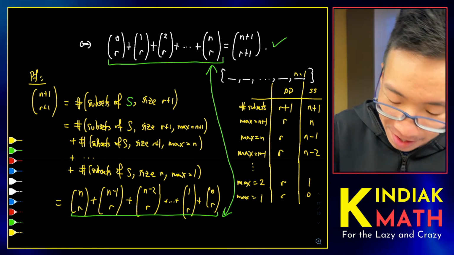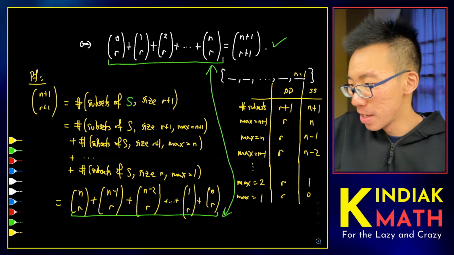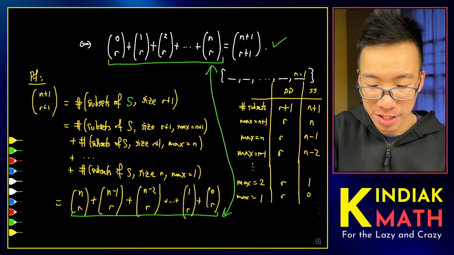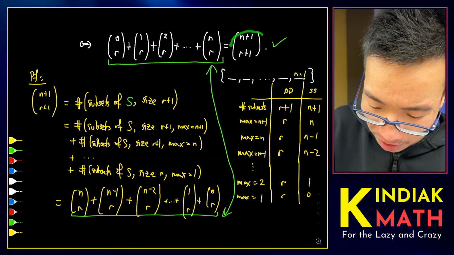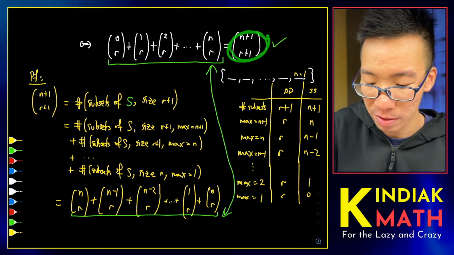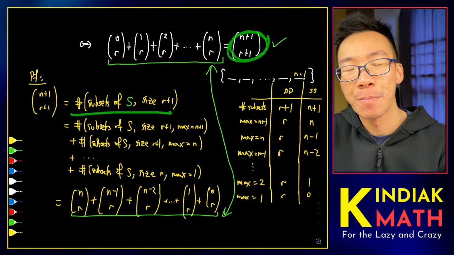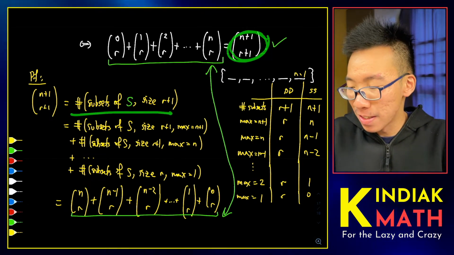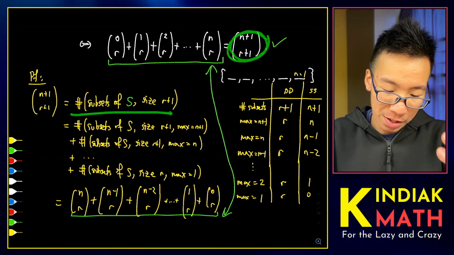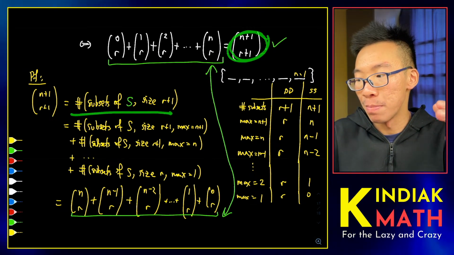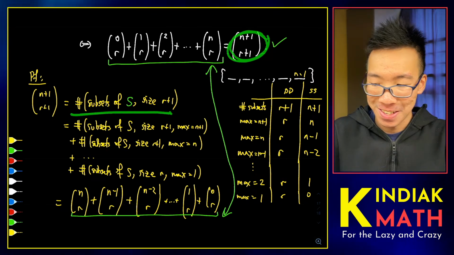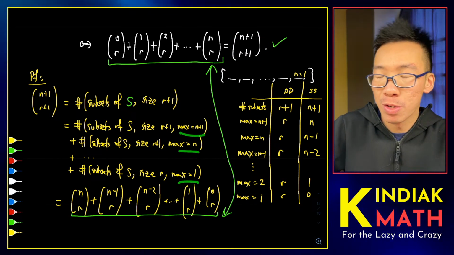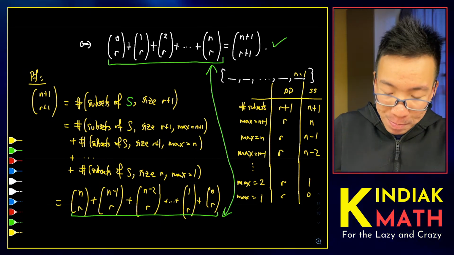So how do we prove this result? Let's just quickly recap the strategy. The strategy here is to first express this as the number of subsets. Now you want to break down the number of subsets. And it does take practice, it does take experience. The key trick on how we're gonna break it down this time around is to break it down into the maximums, which one it is the maximum of.